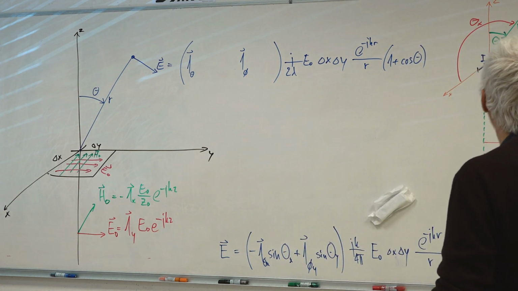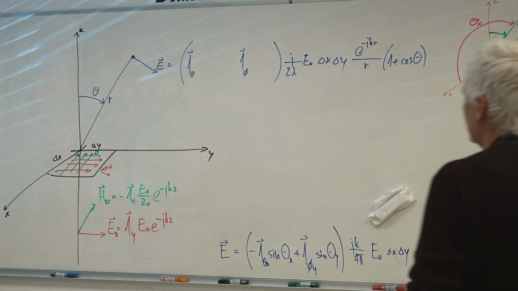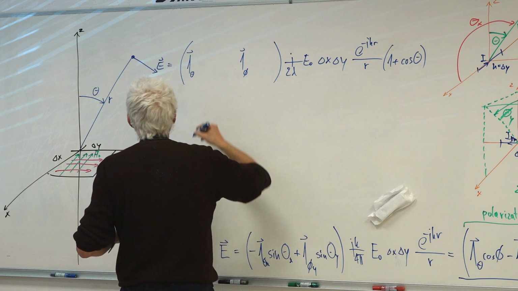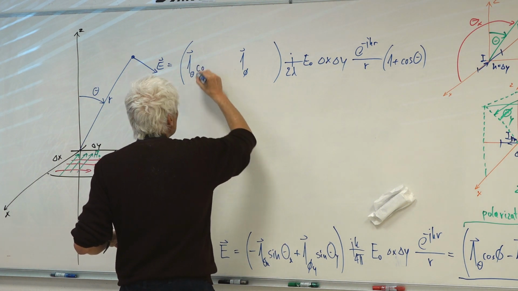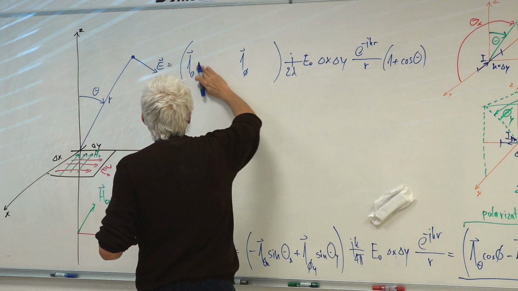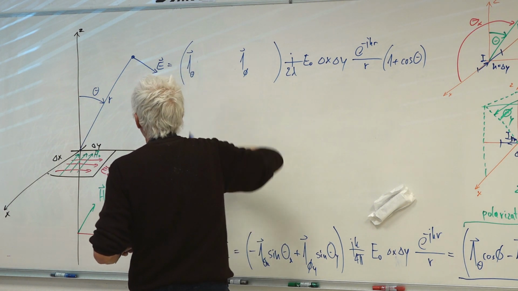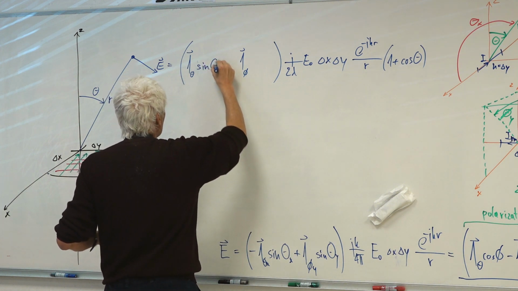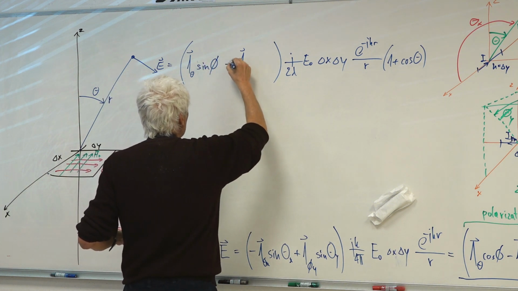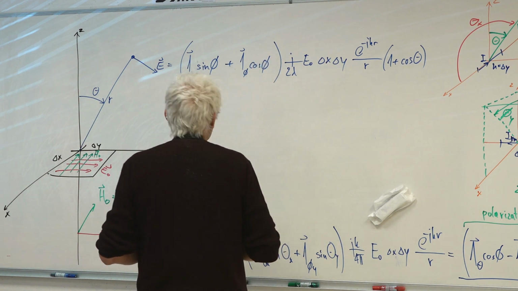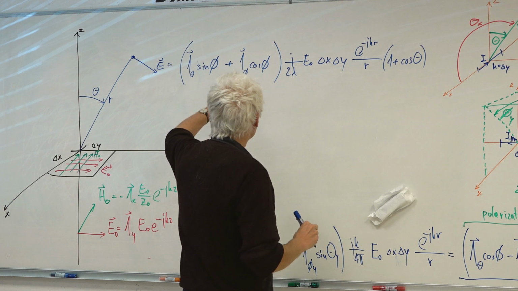But here we have a change. Before, we had this; now we have sine phi plus cosine phi. If we shift everything by 90 degrees, there's a plus sign in between.